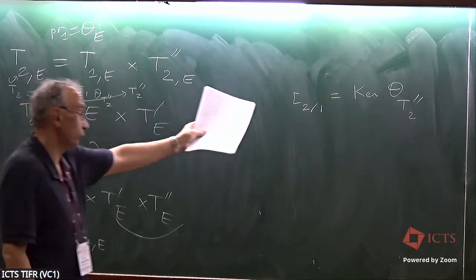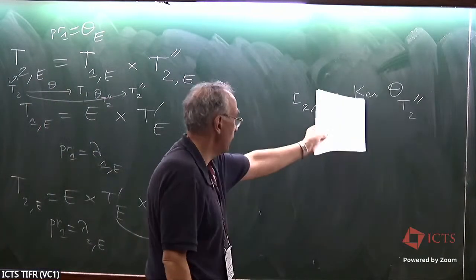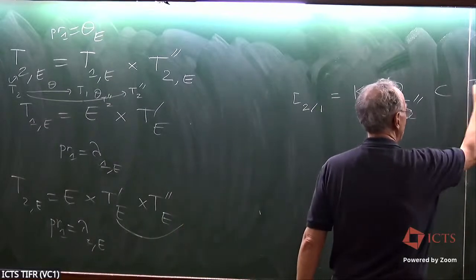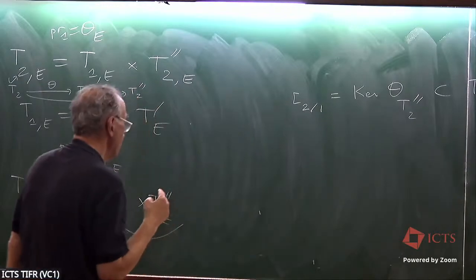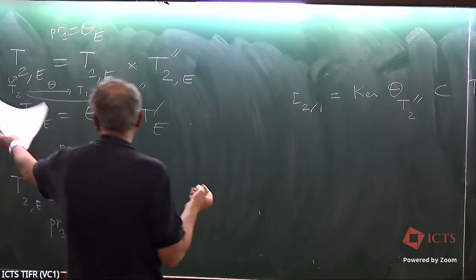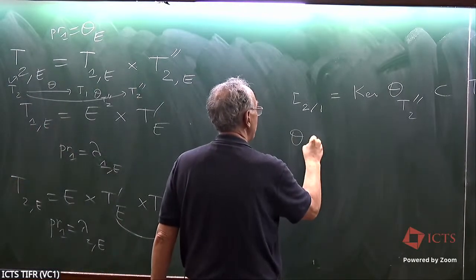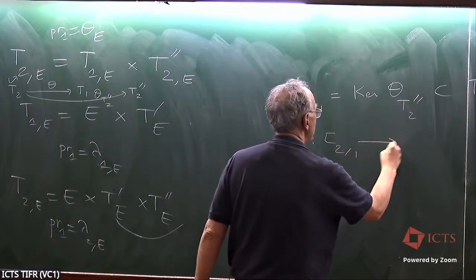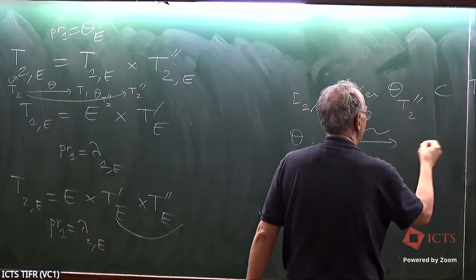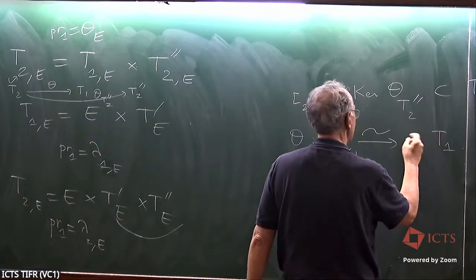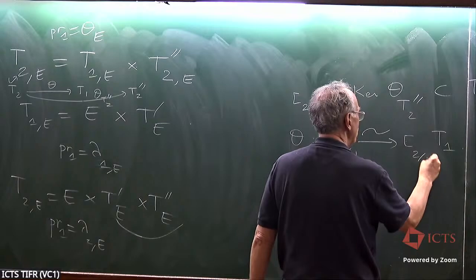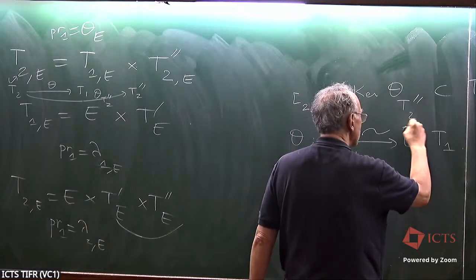Okay, so just as before, you consider this as an ideal of T2, and you can apply theta, and so theta is an isomorphism between this and some ideal of T1. Its image, I don't know, for the moment it's just the same.